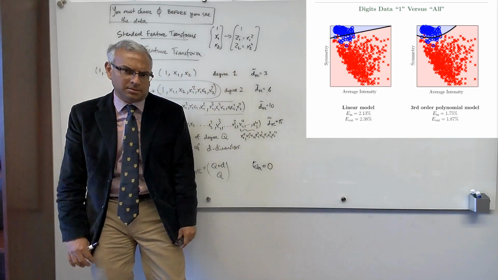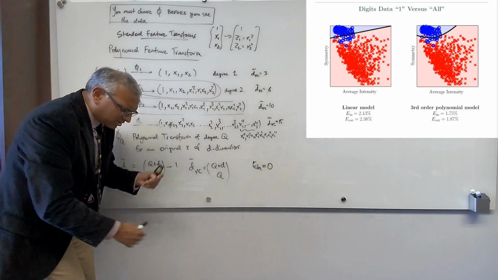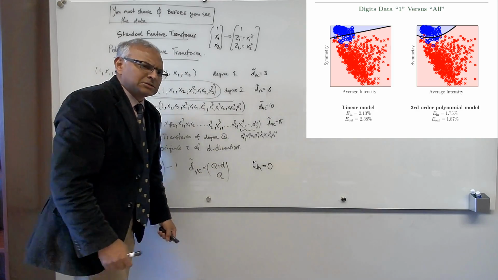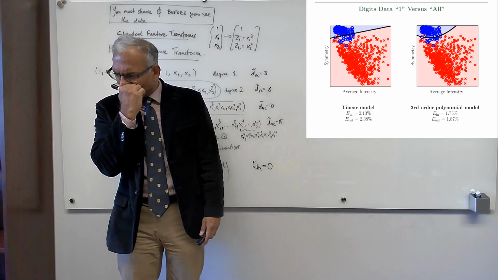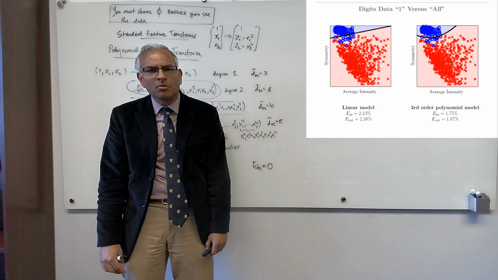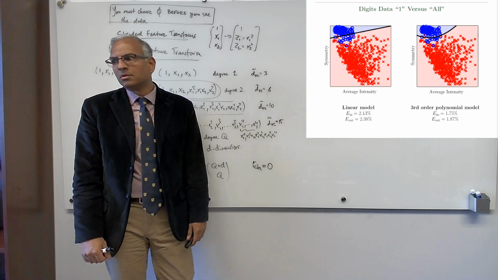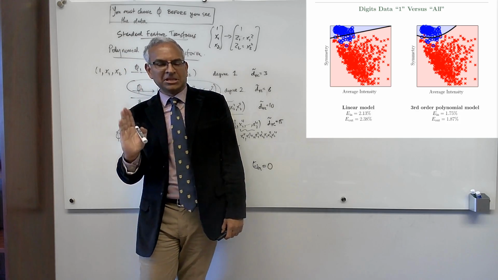Big deal. I did all this mechanics of the nonlinear transform and choosing features, and all I got from going to the nonlinear transform is 1%, a mere 1%. 97.5% goes up to 98 or plus change. Is it worth it?